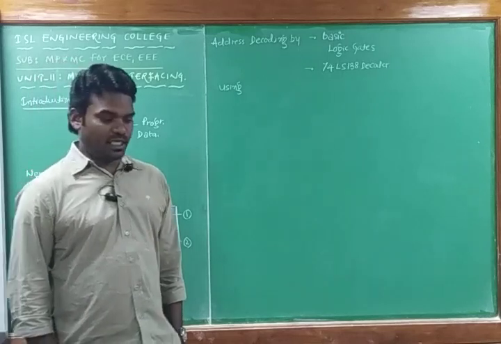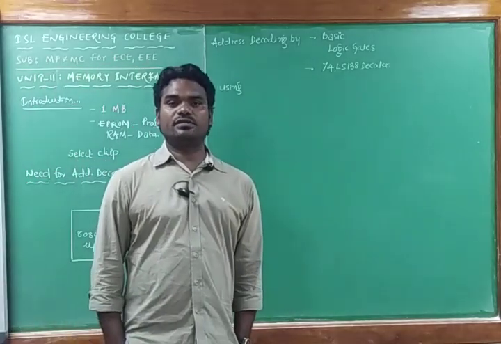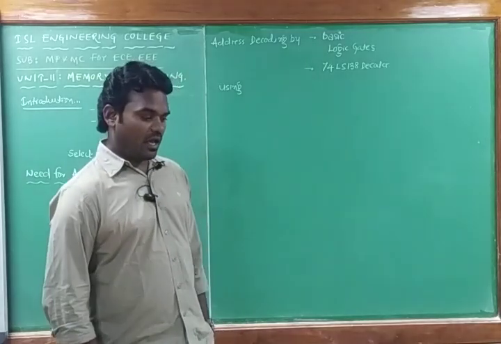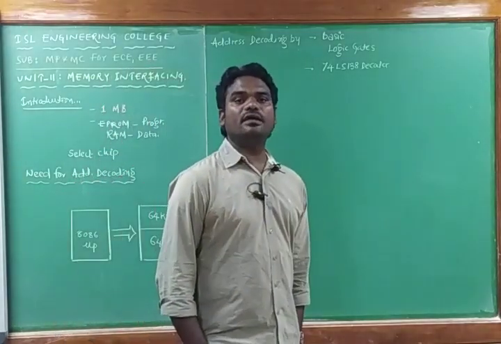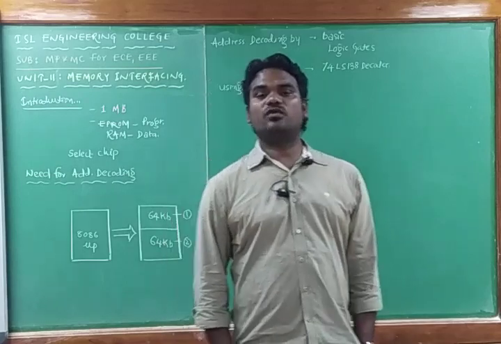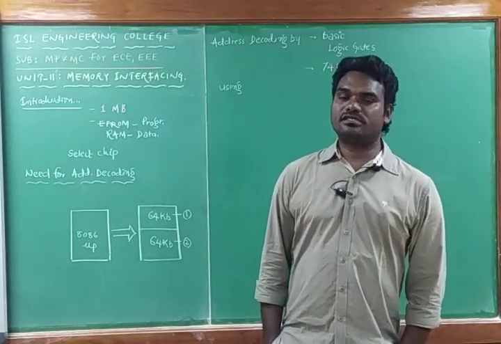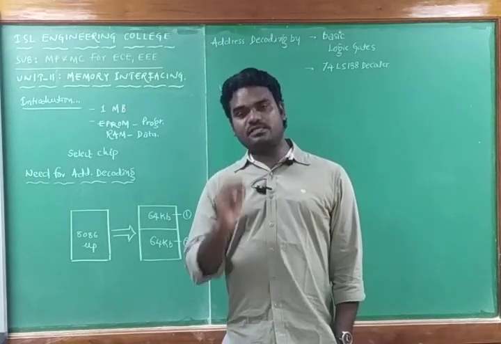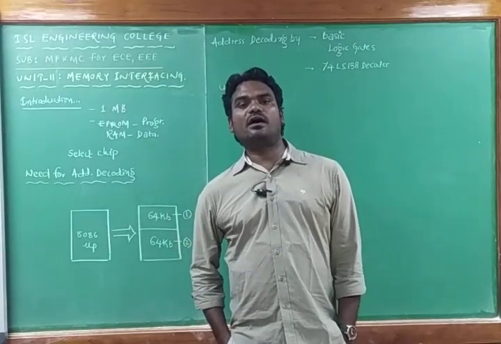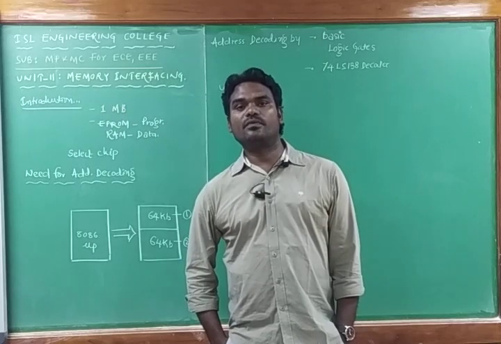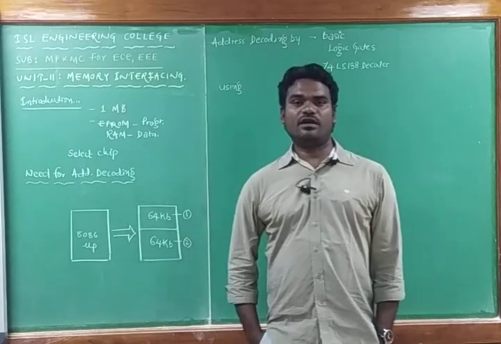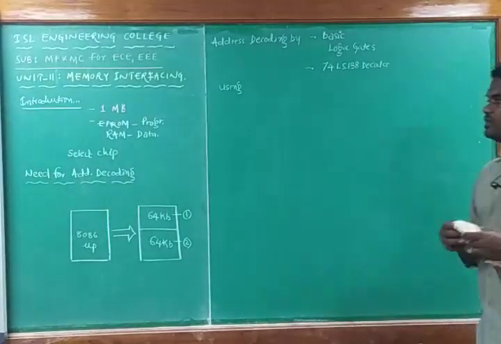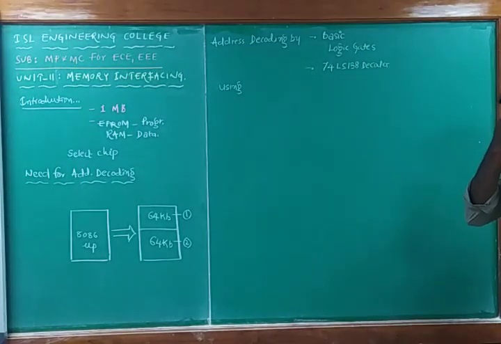With the 20 address lines, we can have 10,48,576 address locations in the memory. Each address location is capable of storing 16 bits of data. We have discussed all these things in the features of the 8086 microprocessor.